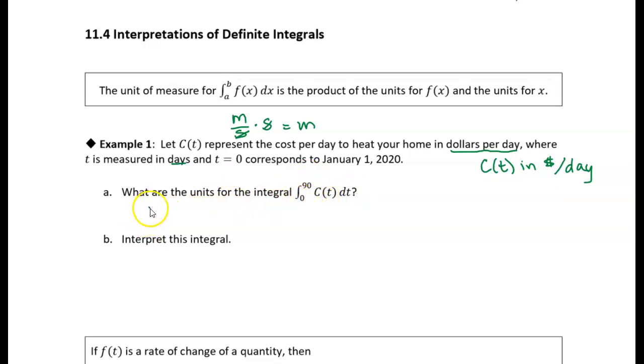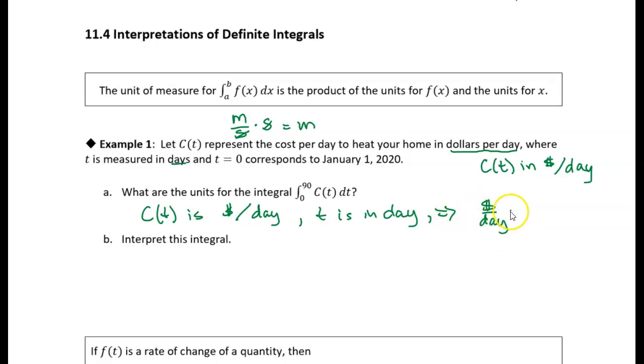And so since C of t is in dollars per day and t is in days, then the integral is dollars per day times days, which gives us just dollars. So when we integrate this cost function over time, what we're going to end up with is the total dollars because our cost function was in dollars per day.